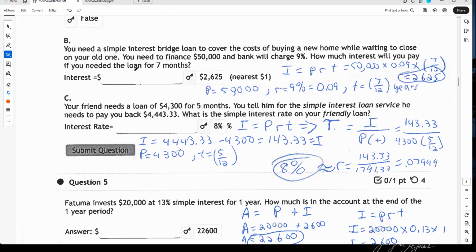Part B, you need a simple interest bridge loan to cover costs of buying a new home while waiting to close on your old one. You need to finance $50,000 and a bank will charge 9%. How much interest will you pay if you need the loan for 7 months?